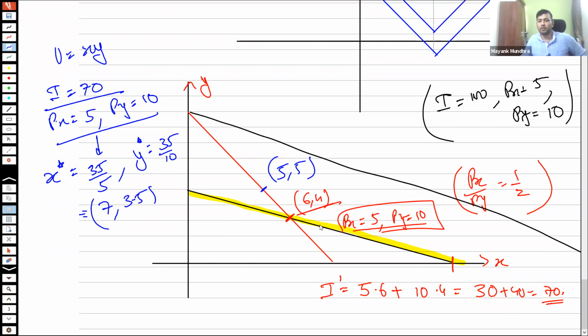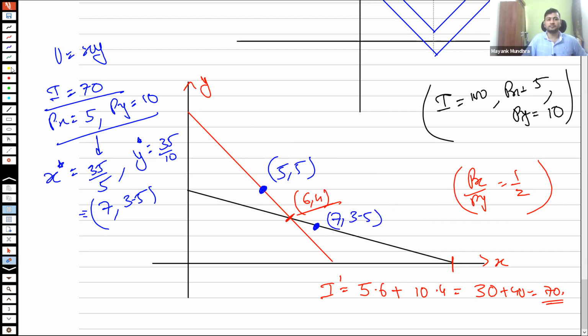So the ideal point here is going to be 7, 3.5, which is this point. This point is 5,5. That is going to be the max utility on the left side of the budget line, and 7, 3.5 is the max utility on the right arm of the budget line.